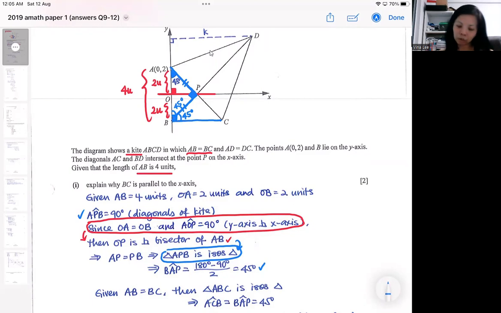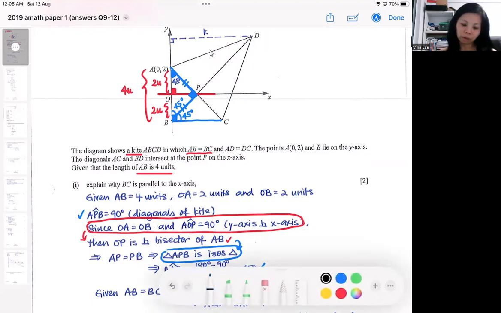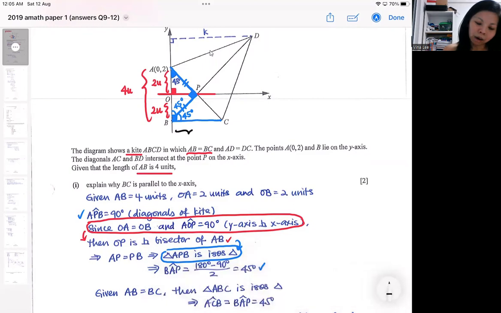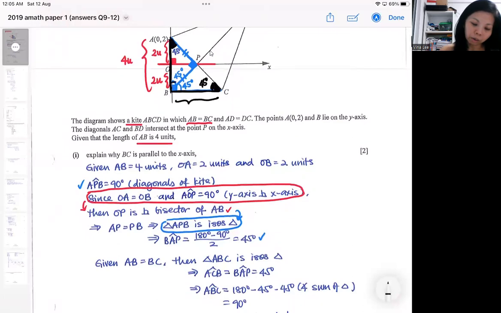But I use another way also, because the question tells us that these two are isosceles. The question tells us that these two are the same length, meaning the 45 degree will also be applicable here. So I make use of the two corners of 45 degree, and I make use of the angle sum of a triangle to calculate that this is a 90 degree.